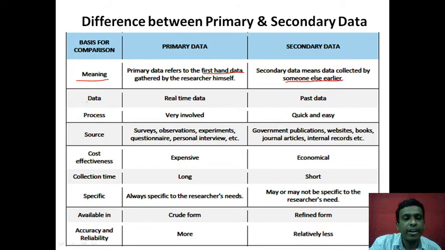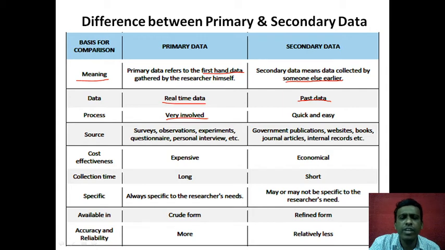Now, basis of comparison, data. Generally, it is real-time data in primary data because it is now, at this moment, that we are collecting the data for our research. Whereas in secondary data, it is past data because someone has already collected it and kept it for you. So real-time, present data is primary data, and past data is secondary. Now, if we are comparing based upon the process, primary data is very involved.